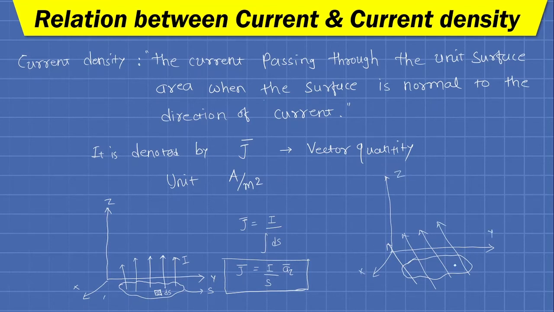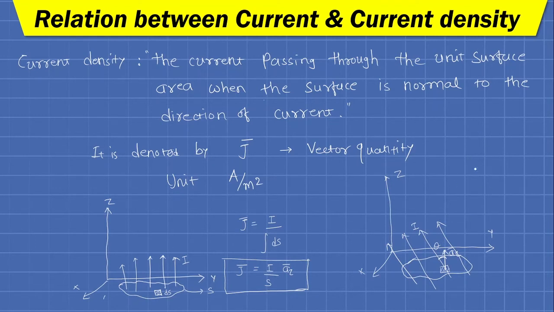So what will happen at this time? If we consider a small differential surface over here, then the direction of surface is aZ bar, this is our direction of current, and this is the angle theta between the direction of surface and direction of current.